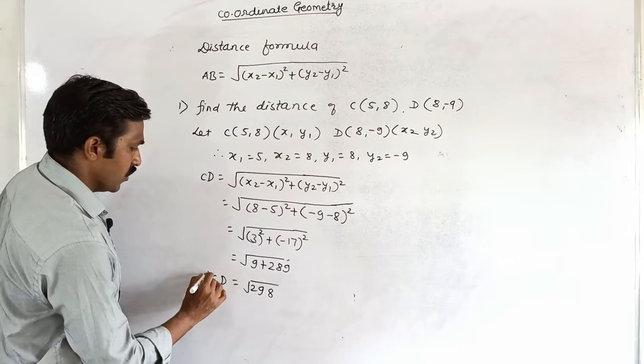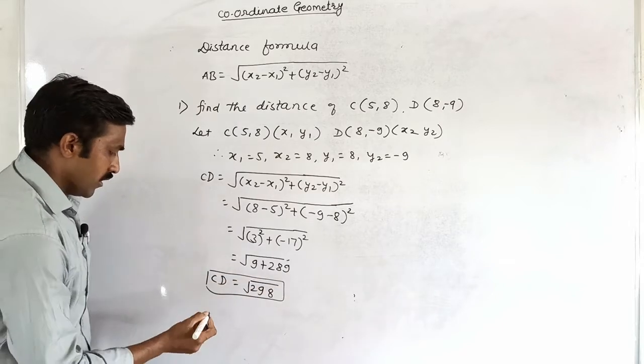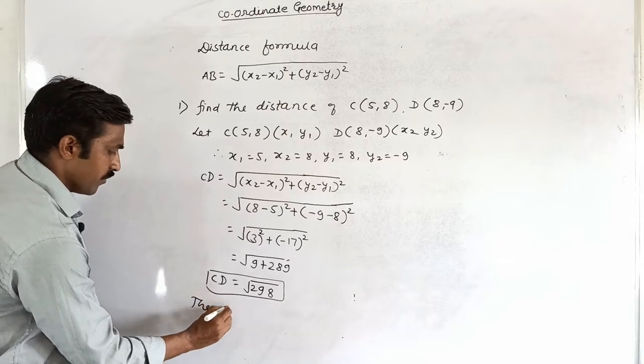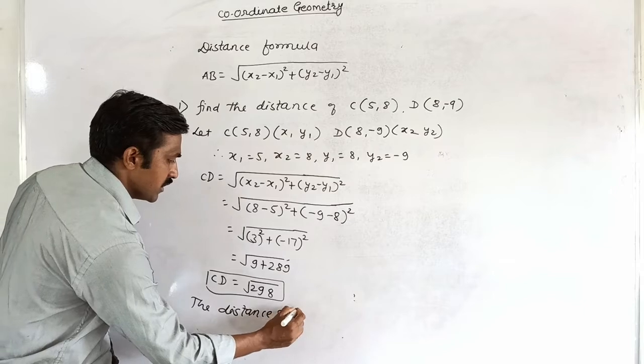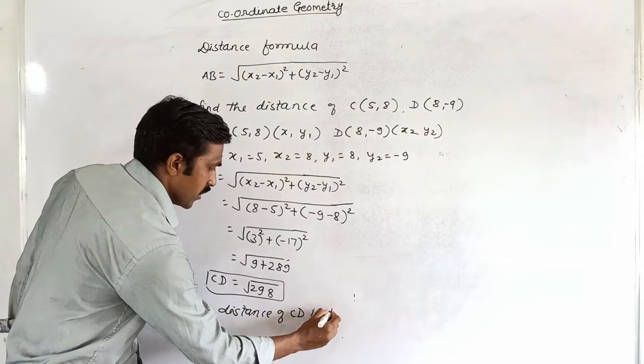CD is equal to root 298. The distance of CD is root 298.